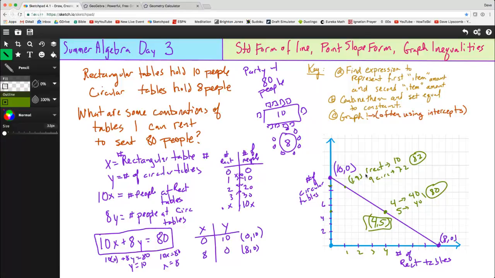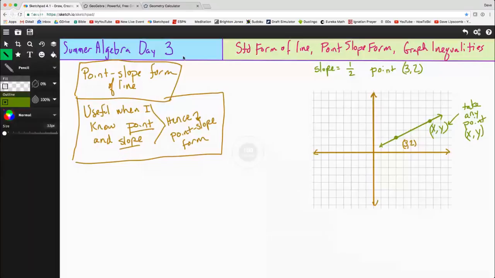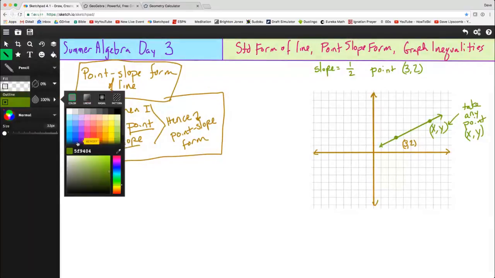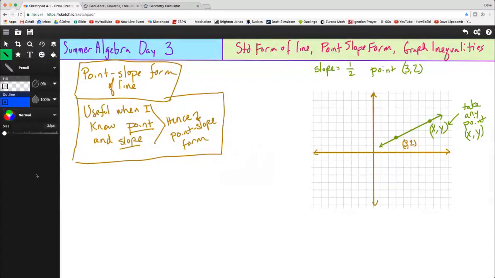Okay, so hopefully this is making some sense to you. And we're going to move along and look at point-slope form. The point-slope form of a line is very useful when I know a point and a slope.